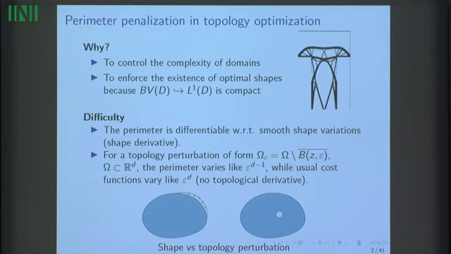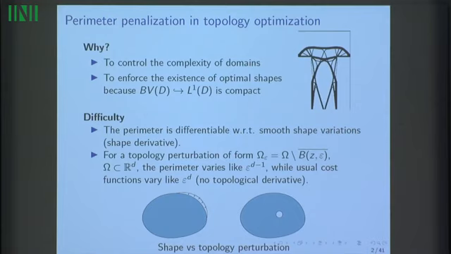If you perform shape variations in the sense of Hadamard, it is okay to consider the perimeter as a penalty or as a constraint. The perimeter has a shape derivative, which is the mean curvature of the domain. This is okay, at least from the theoretical point of view.